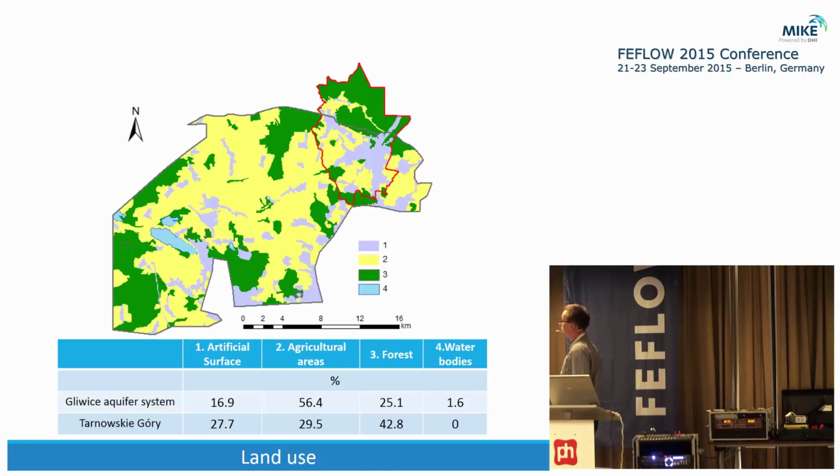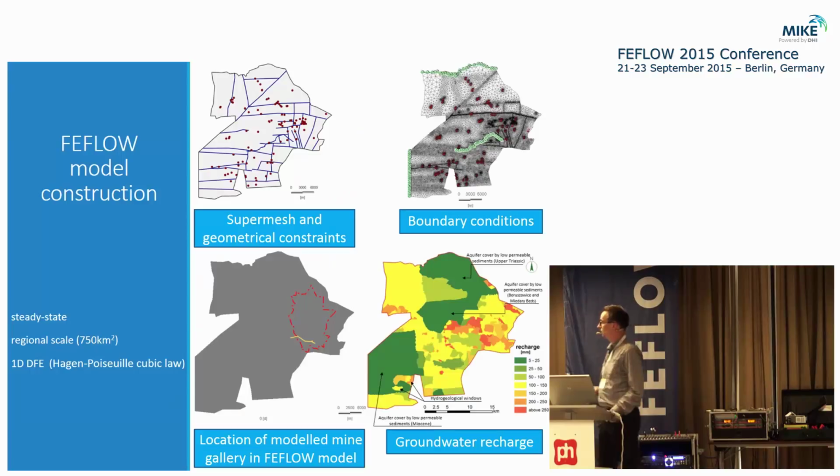The FEFLOW model covers 150 square kilometers, and is a steady state model for 2010. It's built at a regional scale, and during mesh development, it was refined around the faults, which in this area act as semi-permeable barriers, and also around pumping wells.